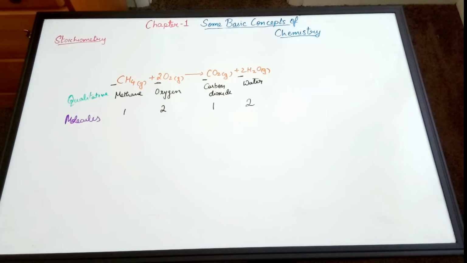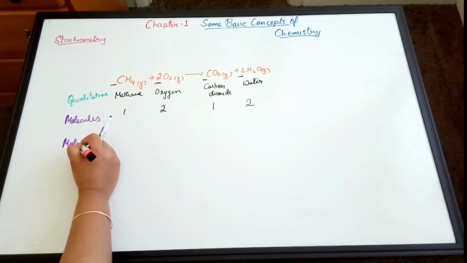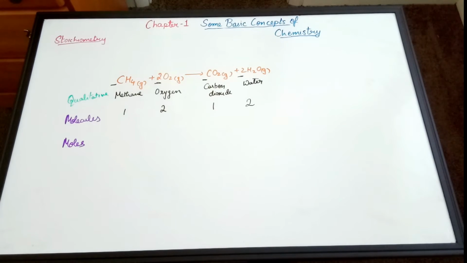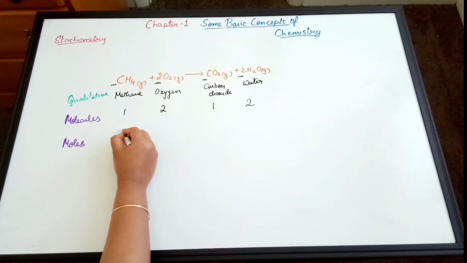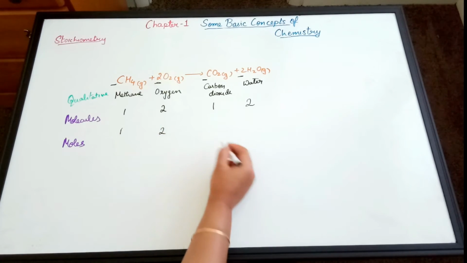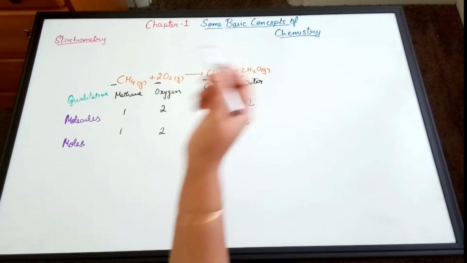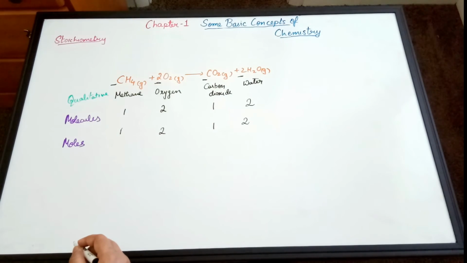The next, it gives us the relative number of moles of reactants and products, which means that 1 mole of methane reacts with 2 moles of oxygen to give rise to 1 mole of carbon dioxide and 2 moles of water. And next, it gives us the relative masses of reactants and products.